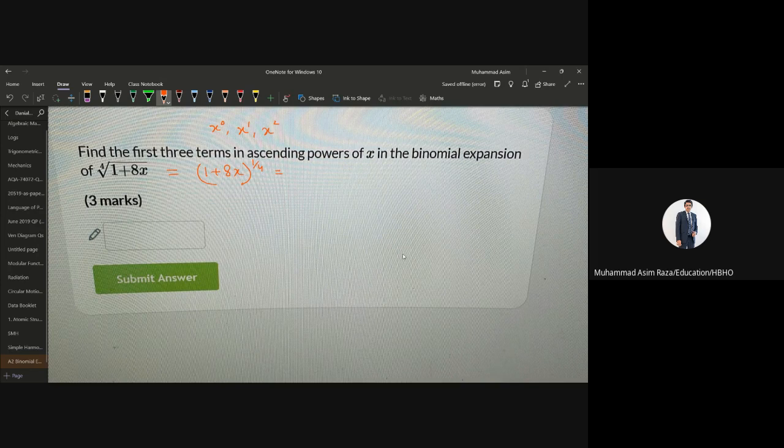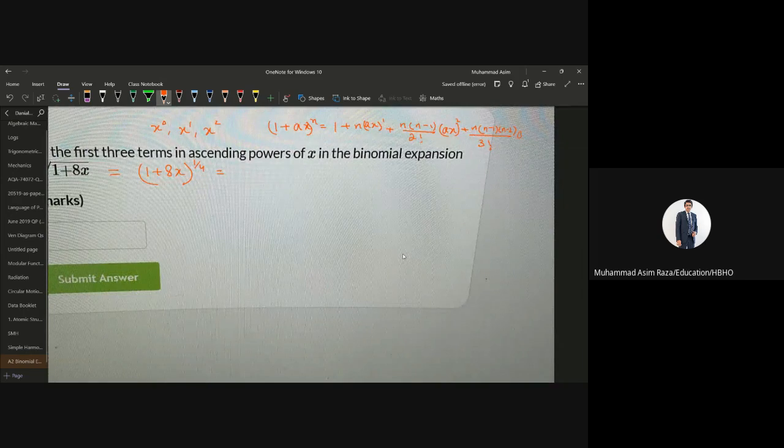And then, again, let's write down the formula. 1 plus ax raised to the power of n is 1 plus n into ax, plus n into n minus 1 over 2 factorial into ax squared, then n into n minus 1 into n minus 2 over 3 factorial into ax whole cubed, and so on. But here we just have to expand till x squared. We need to find the first three terms.